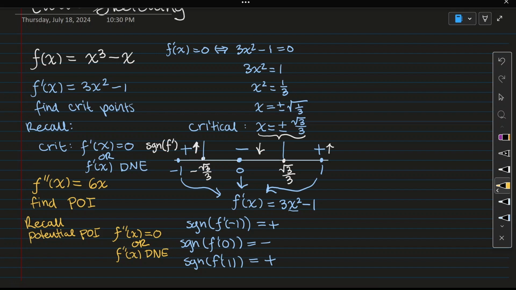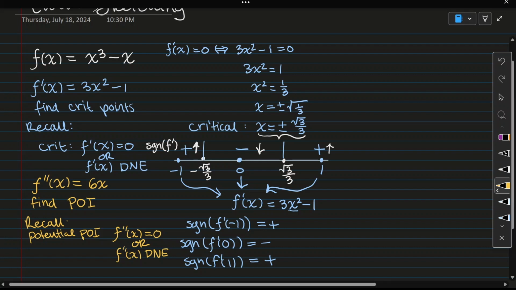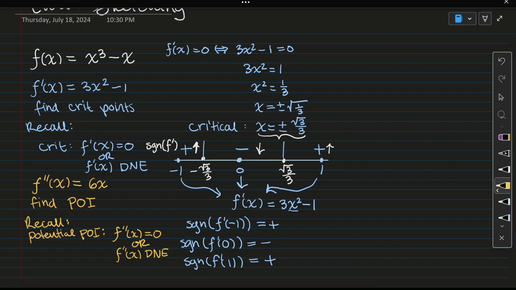I'll put up a video of a problem with an example where we have to worry about something like that. But for this particular problem, we don't have to worry about that, because our f double prime of x is continuous over its entire domain, and its domain is all real numbers.